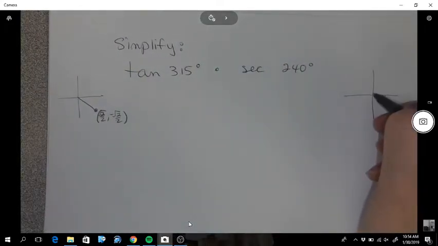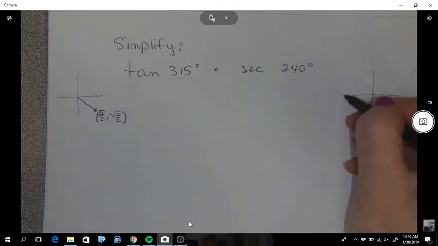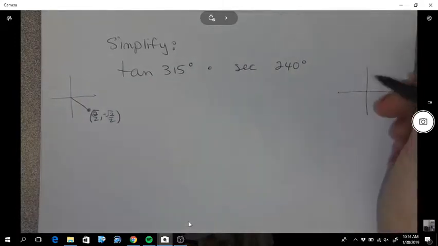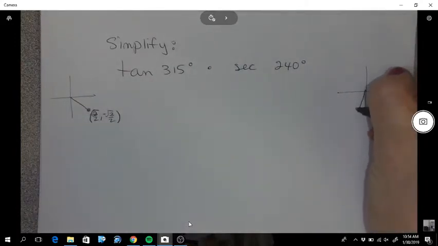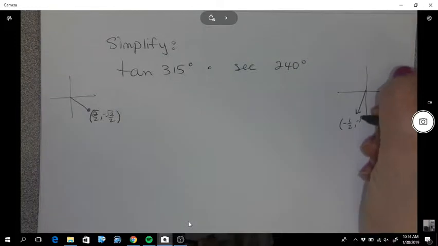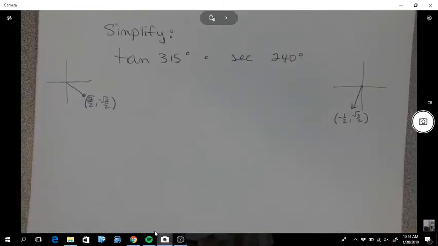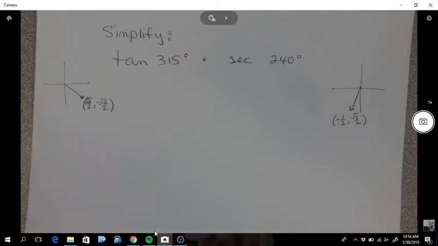And when I do 240, right here, the coordinates there are negative a half, negative root 3 over 2. Okay, so I got my spots on my unit circle.